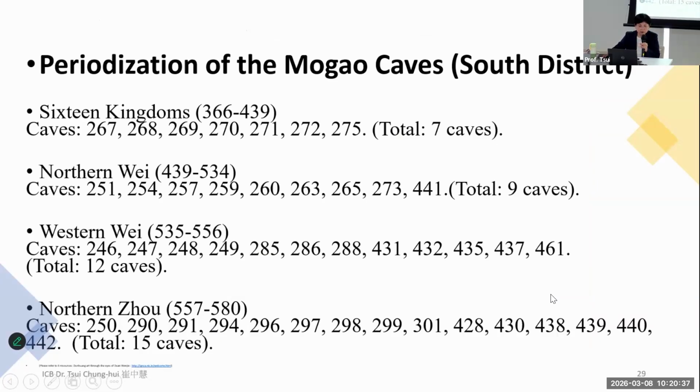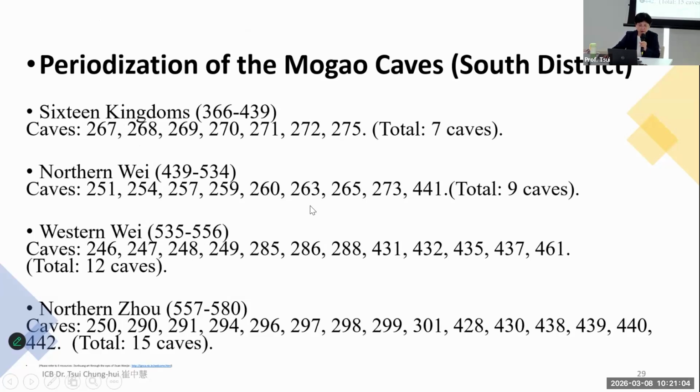So from different time periods, different caves were built. But I select some of the most representative ones from each time period. For example, the Sixteen Kingdoms period, which includes the Northern Liang, has caves 268, 272, and 275.